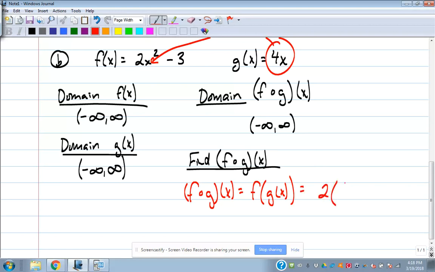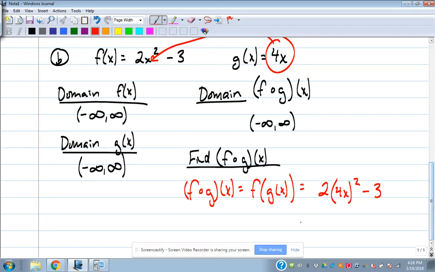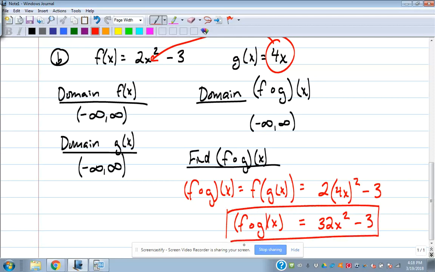It'll be 2 times (4x) squared minus 3. And we just simplify that as much as possible. 4x times 4x would be 16x squared, times 2 is 32x squared, and then minus 3. So f composed with g of x is 32x squared minus 3.